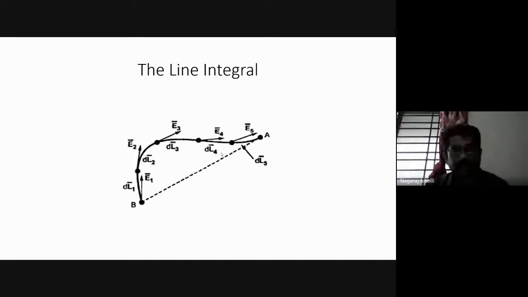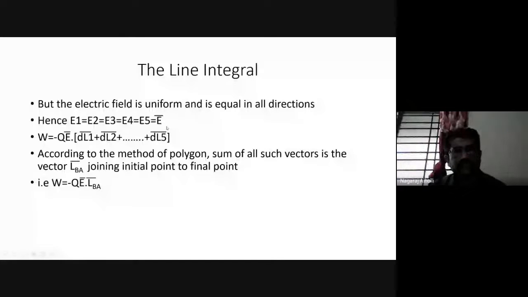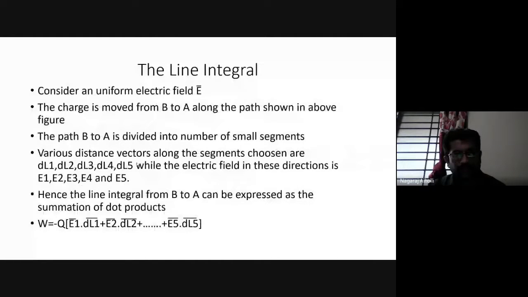Hence E1 equal to E2 equal to E3 and so on up till E5. I am generalizing it and assuming that to be equal to E bar, instead of writing E1 bar dot dl1 bar.